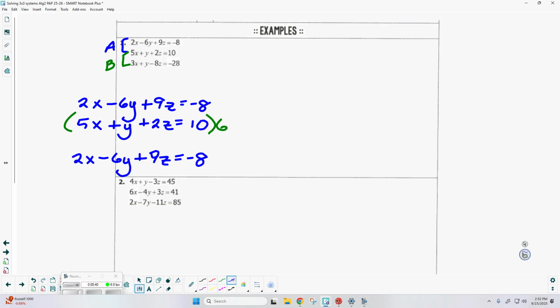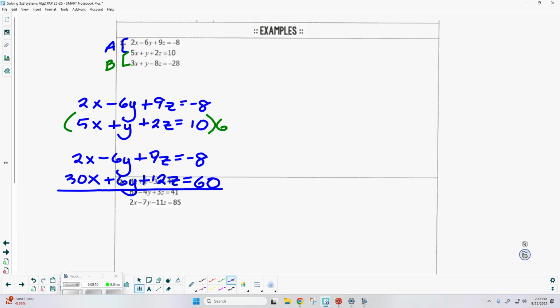Now, if I multiply the second one through by 6, that's going to give me 30x plus 6y plus 12z, and then it's going to equal 60. Is everybody with me so far? It's exactly what we would have done before. It's just slightly larger. That's it. Now, what am I going to do here? Am I going to add or subtract these?